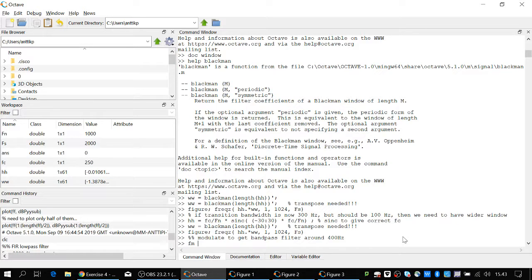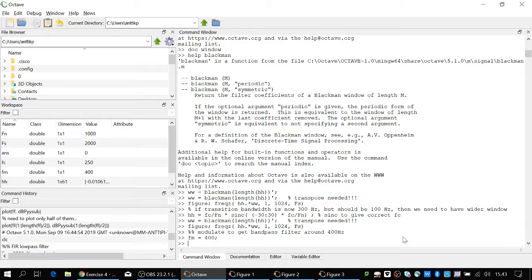So modulation frequency 400, and then the modulation is simply cosine of 2 times pi times n times modulation frequency divided by sampling rate, where n is from -30 to 30.